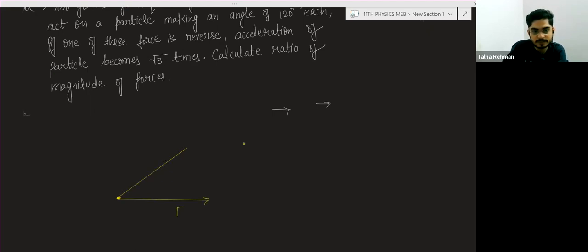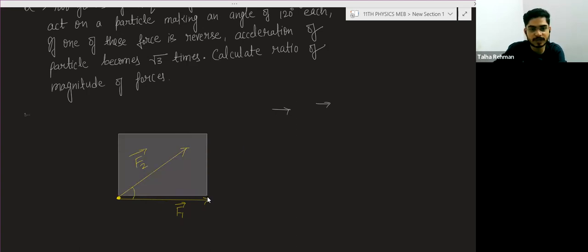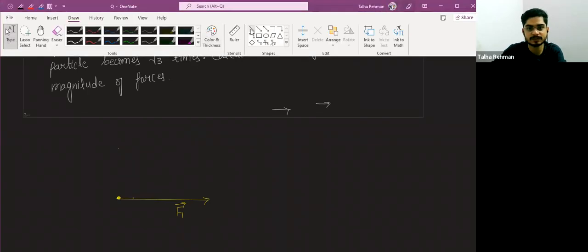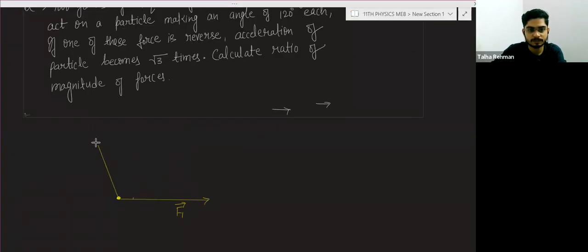This is F1 and this is F2. Two forces are acting on a particle, and these two forces are making an angle of 120 degrees. So 120 degree angle will not be like this. 120 degree angle will be like this.